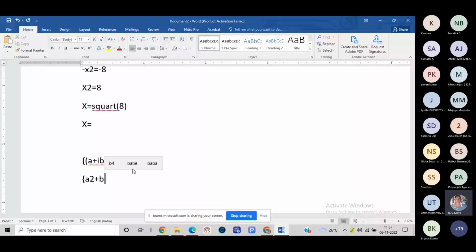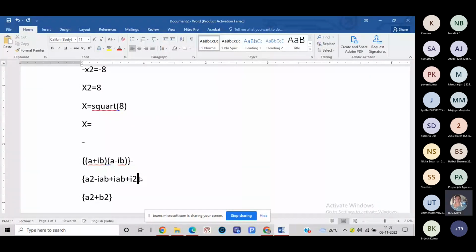A into A is A square, A into minus I B gives minus IAB, then plus IAB, then minus I into I B is minus I square B square. I square can be represented as minus 1, so it becomes plus B square. We have one more formula: I square can be represented as minus 1.